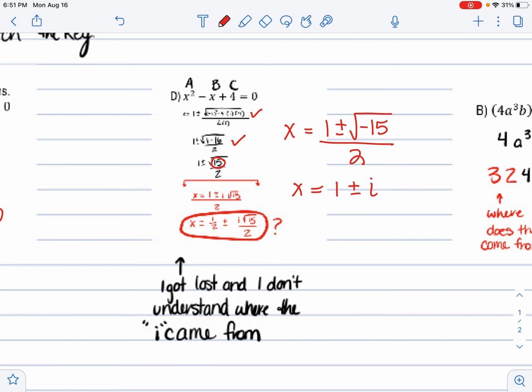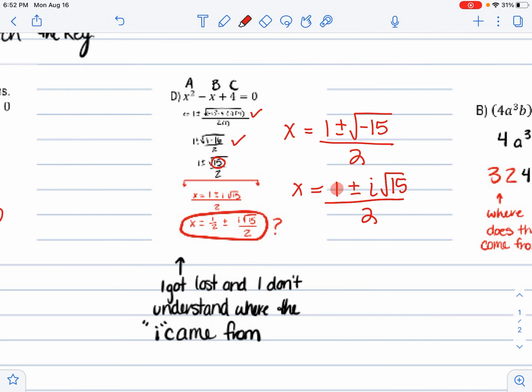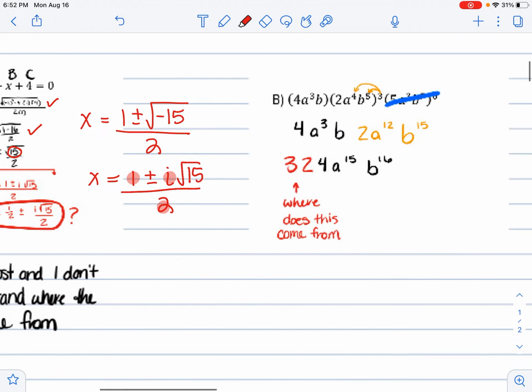Now I'm going to ask myself, do I know the square root of 15? Or are there any perfect squares that go into it? And the answer is no. So I can leave it as that, and then all over 2. If you look at this, this, and this, they're not divisible. There's nothing that they're divisible by, so you leave your answer like that.